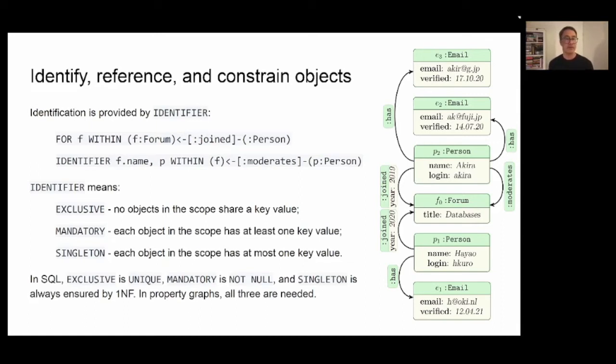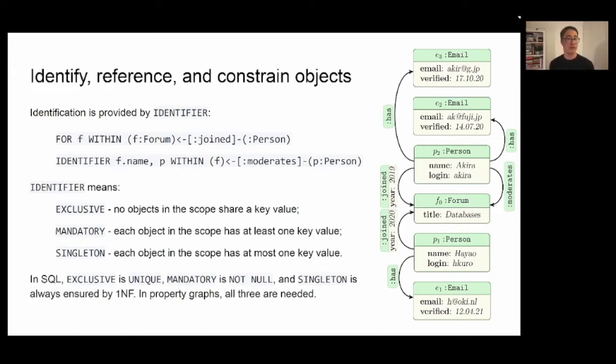Here, identifier is actually a shorthand for three constraints. First, it is exclusive, so no objects in the scope share a key value. It's mandatory, so each object in the scope has at least one key value. And finally, it is a singleton, so each object in the scope has at most one key value. So this is a shorthand.